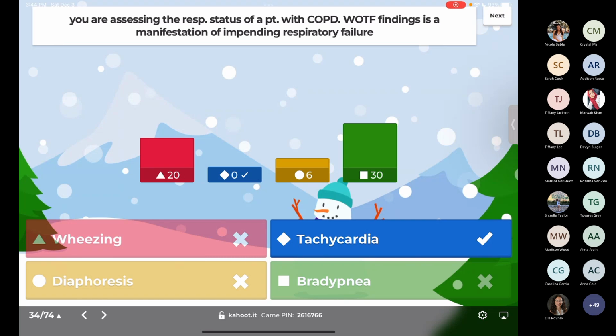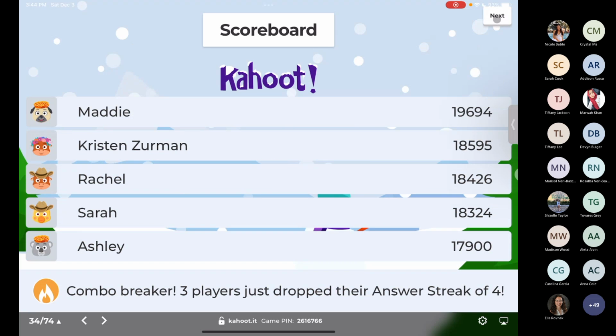Great job, guys. That tachycardia is going to indicate that my patient is not receiving adequate oxygenation because of their respiratory failure. So we're going to try to compensate pretty quickly with that tachycardia to increase that rate.